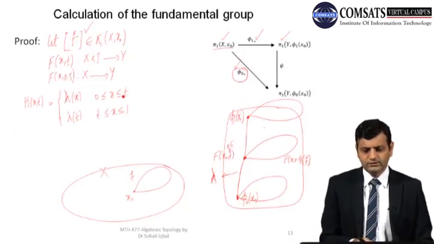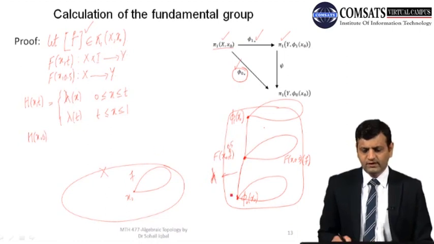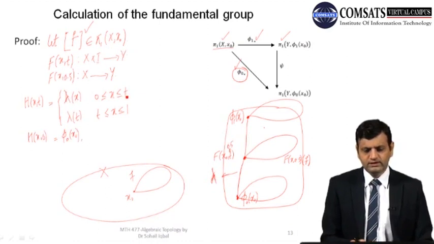So when t is equal to 0, let's see what is h of x 0. This is just equal to one point, h of 0, lambda of 0, which is basically phi naught of x naught. And when t is equal to 1, between 0 and 1 this is the whole path lambda.